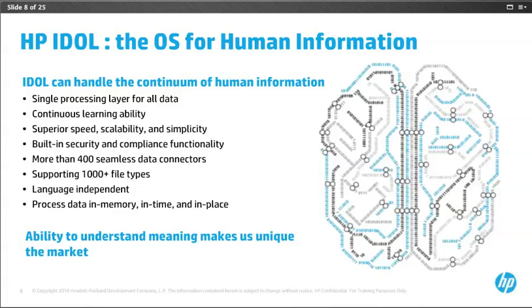There's a huge amount of complexity in how that works together, and I'm not going to delve into that today, but do keep following the series to find out more about how it deals with file formats and connectors, the different file types that it can handle, all around the scalability and the security around IDOL. There's any number of pieces of stuff that I'm not going to have time to go into today.